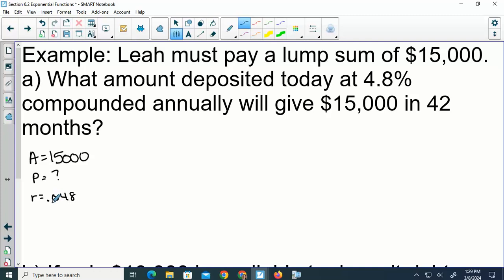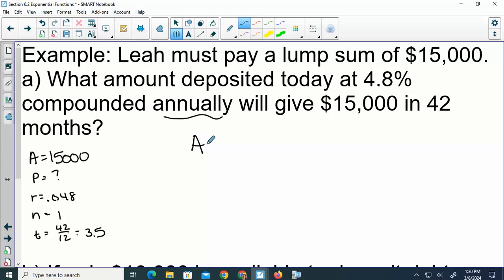Compounded annually. Annually is how many times a year? Once. We'll give the $15,000 in 42 months. So my time is in months. How do I change it into years? 12, because there's 12 months in a year. So 42 over 12 gives us 3.5 years.